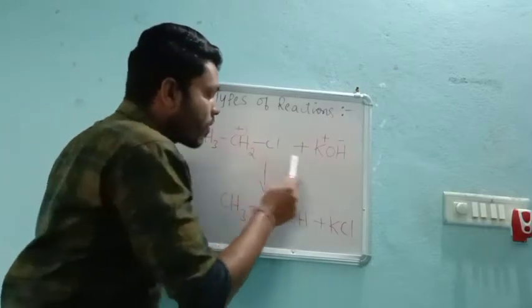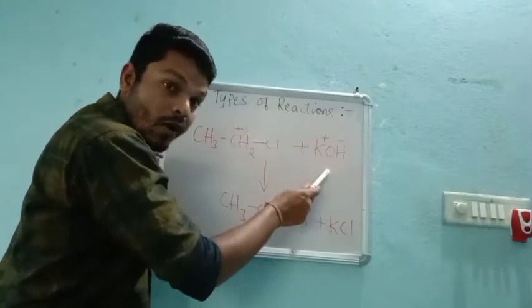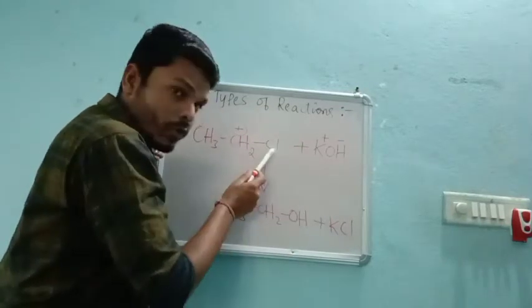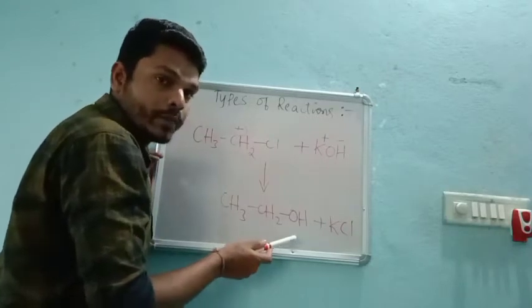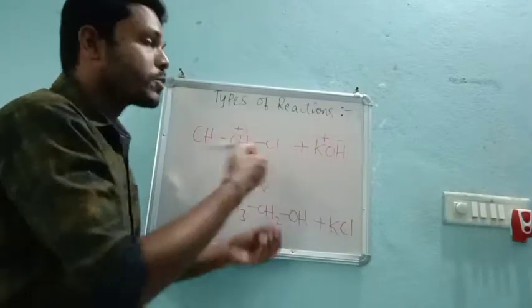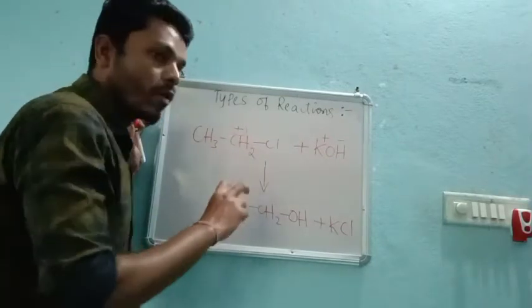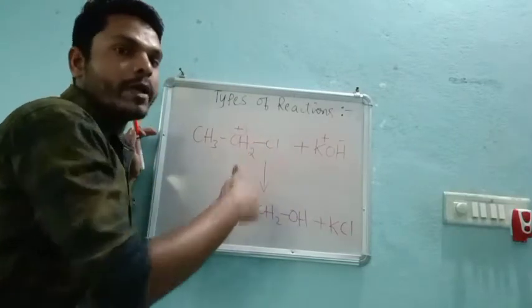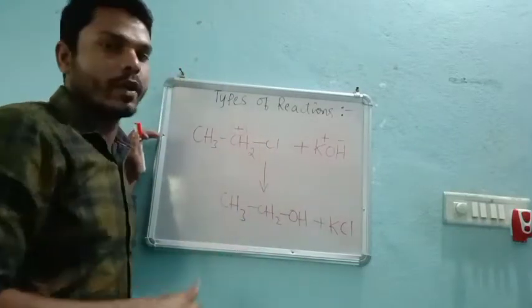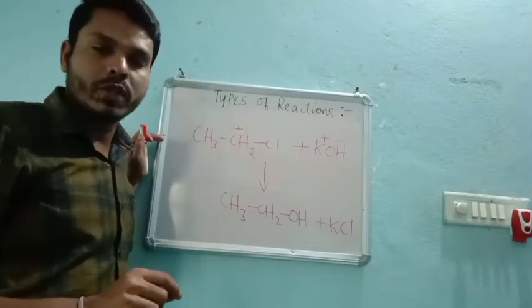When it underwent the reaction with potassium hydroxide, in place of Cl, what we have added, what we have substituted, is OH. That means one atom or molecule is displaced from the other, or substituted with the other atom. Such reactions are called substitution reactions.